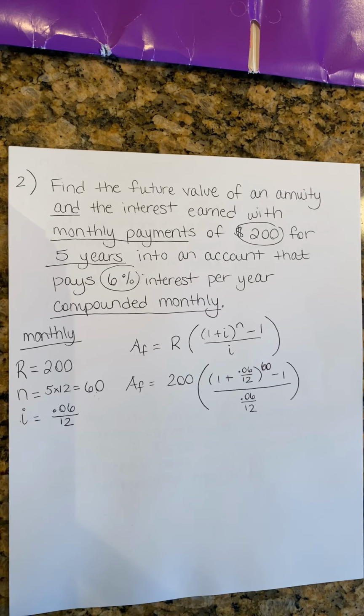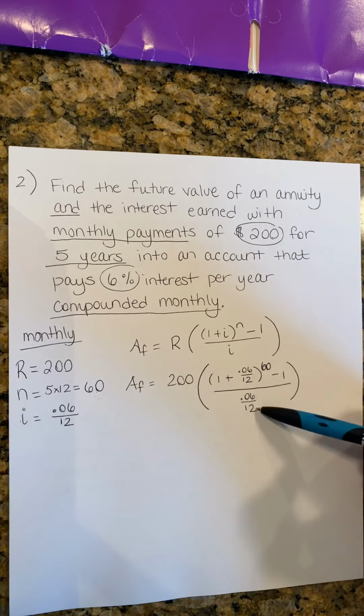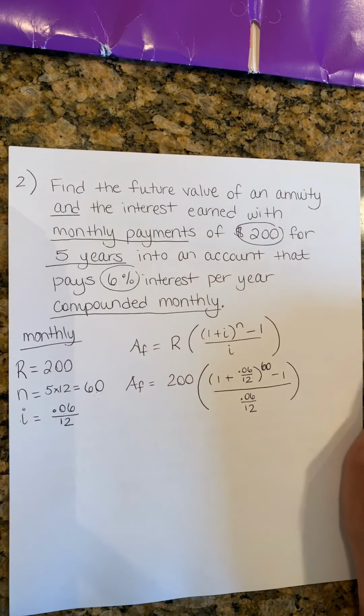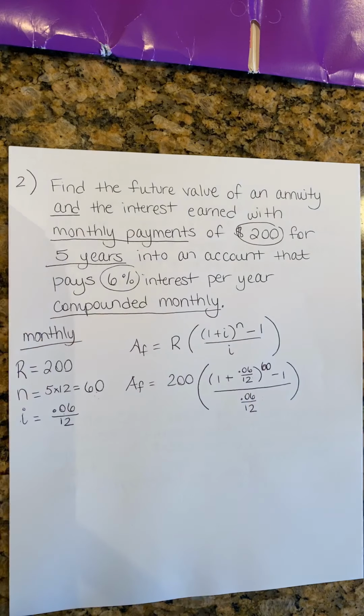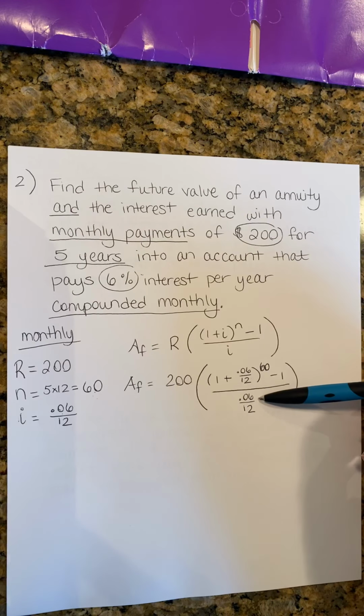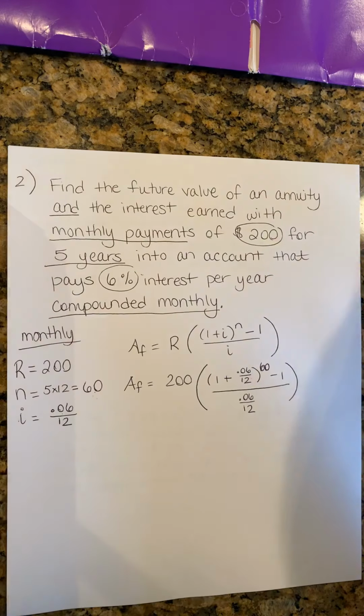So notice how when you change it from annually to monthly, it becomes a little bit harder of a formula because of this right here. You have 2 fractions here and here. So if you have the newer calculator app, you need to do alpha fraction here and here. Okay, if not, you need to do it separately, but you need to be careful.